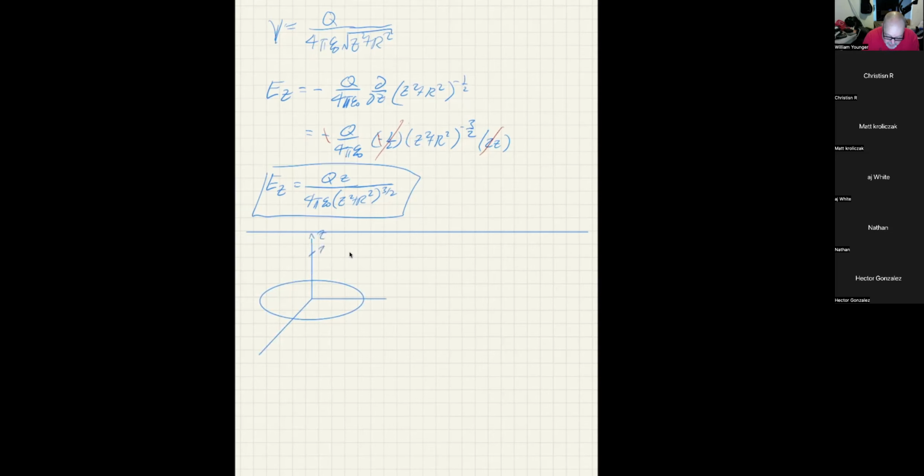Again, I would like to know the electric potential at that point above the center along the symmetry axis of this disk. The total charge of this disk is Q, and it's uniformly distributed. The radius of this disk is R.